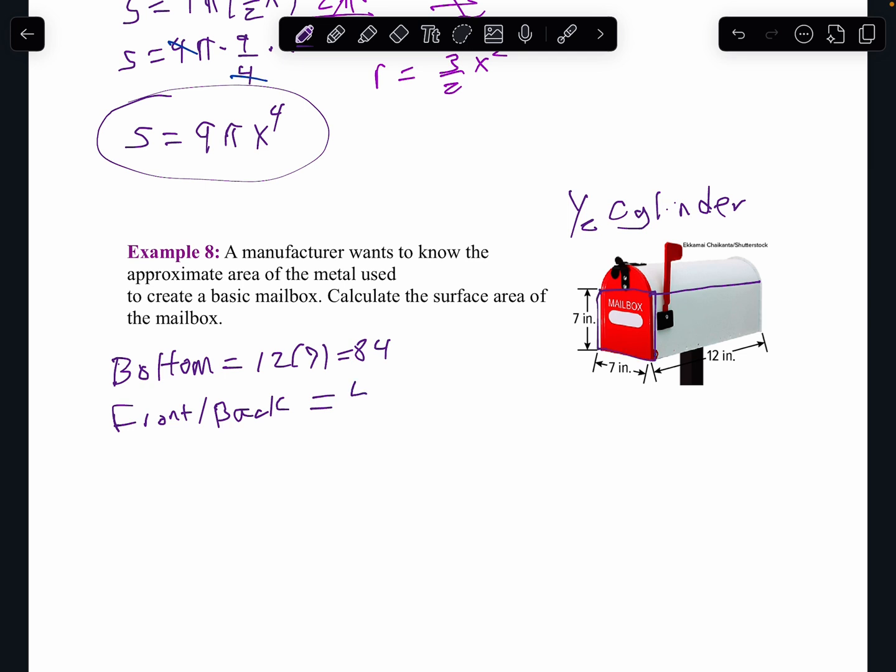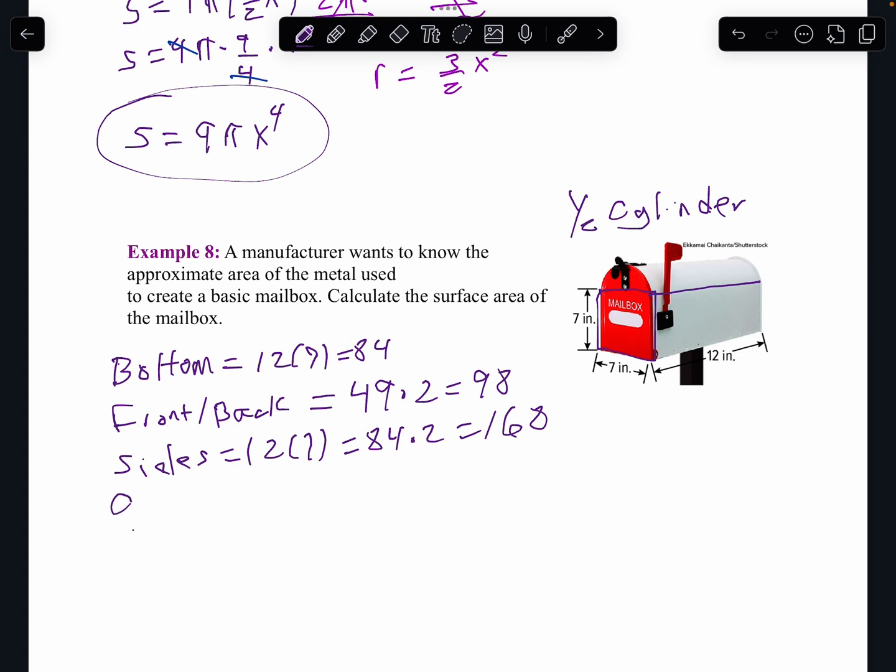So 49, and there's 2 of them, so I get 98. And then my sides is going to be 12 by 7. Oh, the sides are the same as the bottom, aren't they? Which is 84, but there's 2 of those, so 84 times 2 is 168.